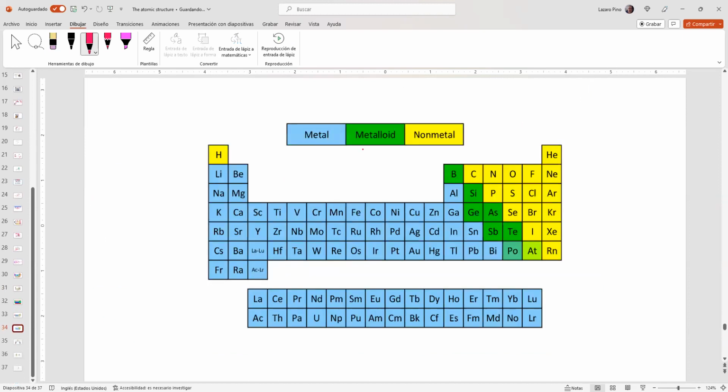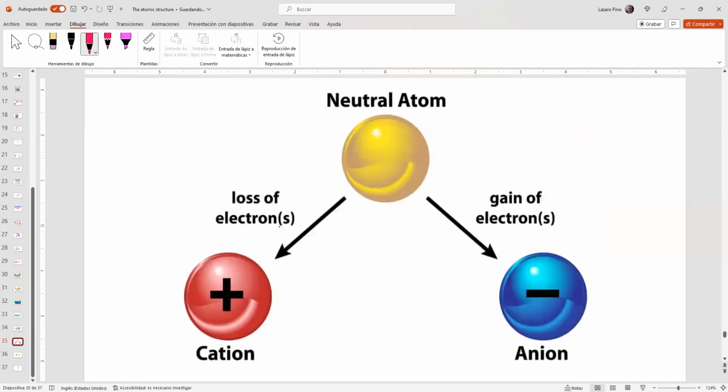We also can divide the elements into metalloids, the green ones, non-metals, the yellow ones, and metals, the blue ones. Here you can find what we call a zigzag line that divides the elements into metals and non-metals. And in between, we have the metalloids.